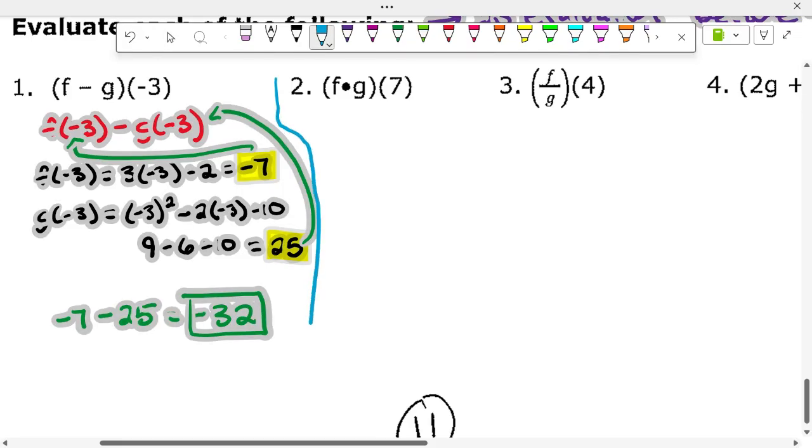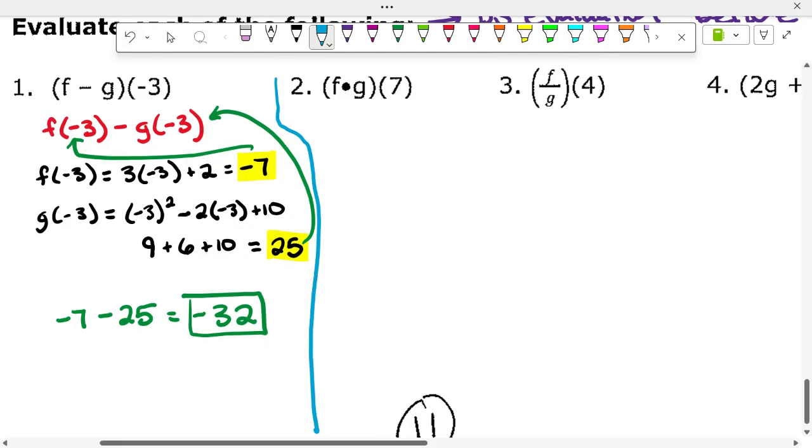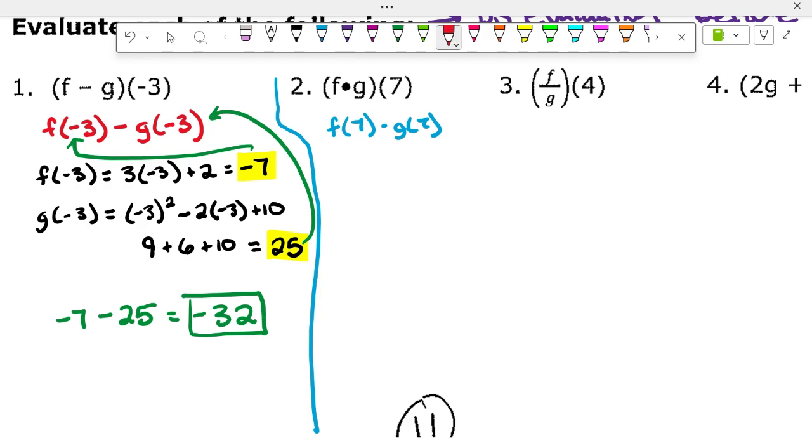Let's try this next one. So we're doing f times g of 7. So if I rewrite that, it would be f of 7 times g of 7. So take a minute on your own and find out what f of 7 is and what g of 7 is. So plug in 7 into g of x and f of x and get those two numbers.